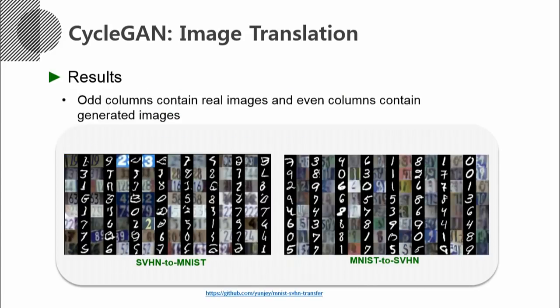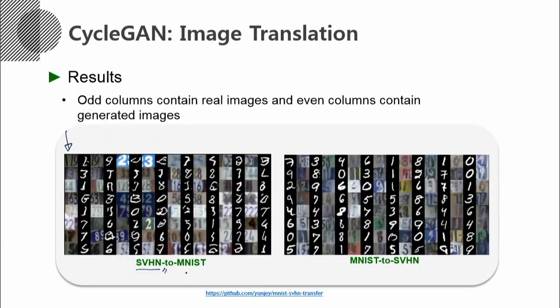Another example is the translation between digits found in real-world pictures. This dataset is called the Street View House Number dataset. We take photos from real images where house numbers are shown on different houses. These numbers will be quite noisy and contain various backgrounds and other parts of the images.